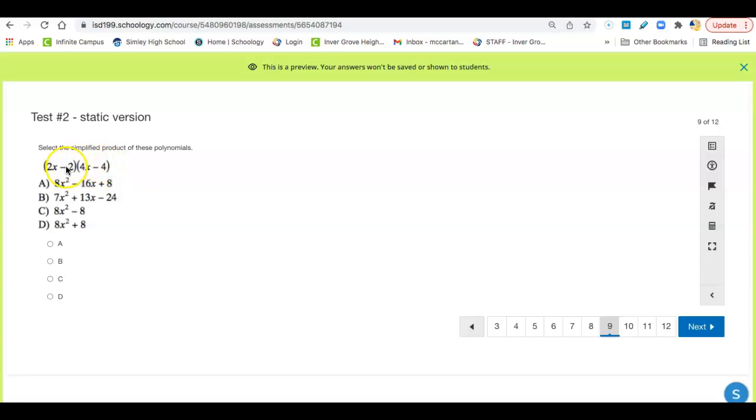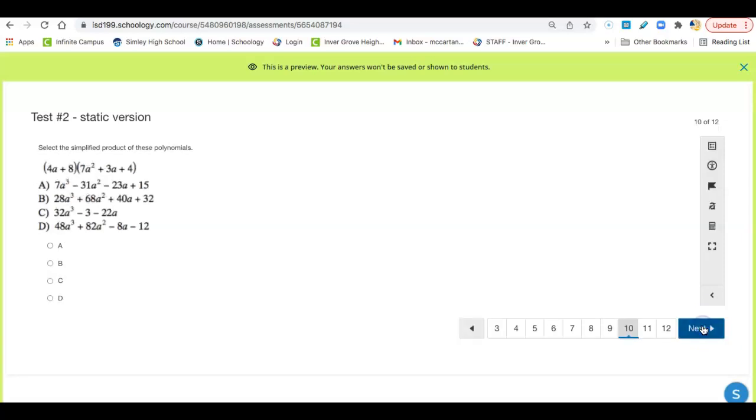The middle term doesn't disappear, it doubles up. Negative 2 times 4 is negative 8x, and negative 4 times 2x is another negative 8x. You add them up, you get negative 16x in the middle. All right, you see the answer? The answer has 3 terms, not 2.